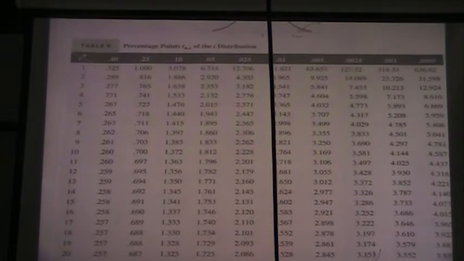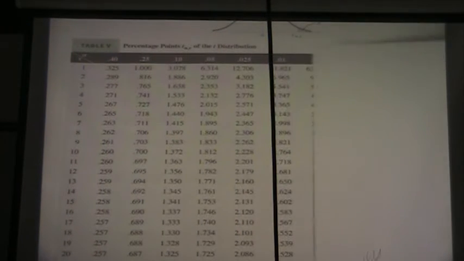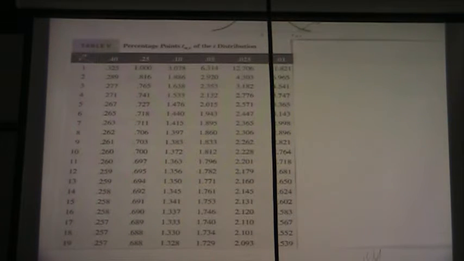Oh, perfect. All right, so I look for my 0.01 column, right? So that's right here. And then I look for my 19 row.